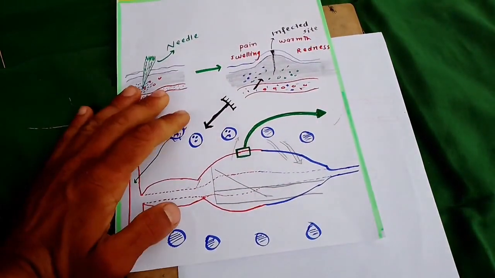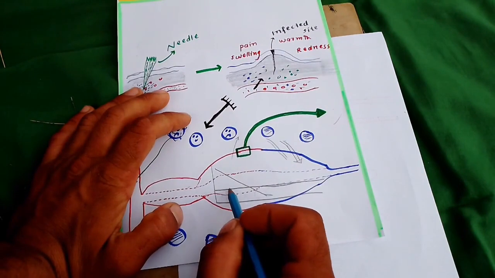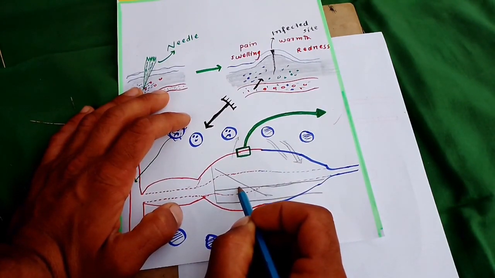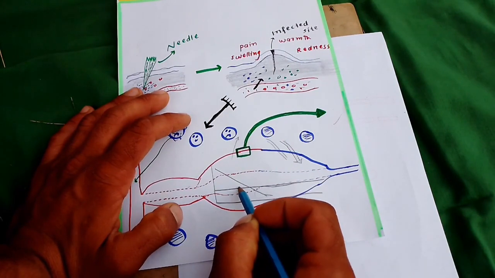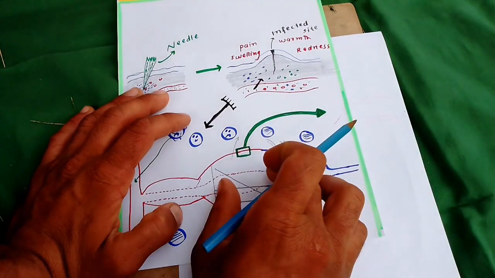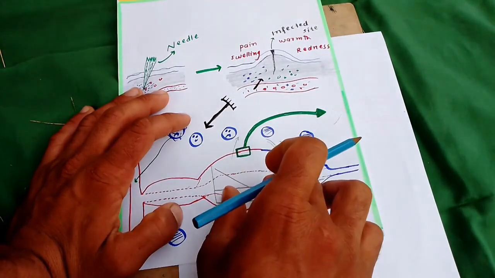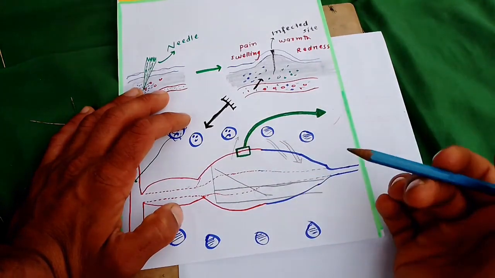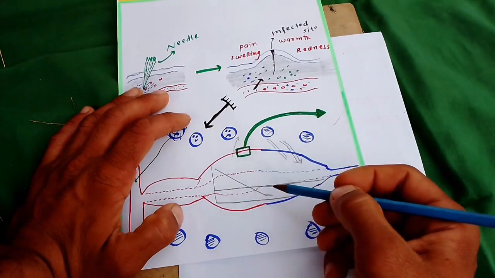Why is this pressure constant? Because this pressure is due to the plasma protein, the large molecules of plasma protein, and the plasma protein does not go out, so it remains at normal concentration, so this pressure becomes constant and cannot fall down.